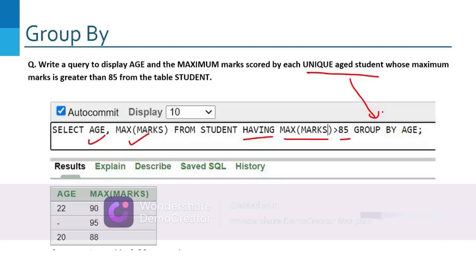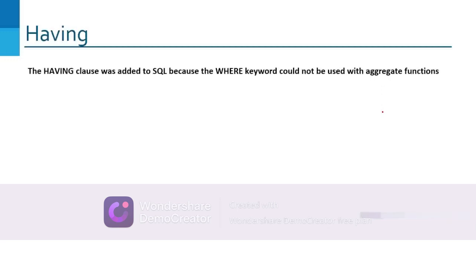We can't use where here, because for maximum marks greater than 85 we are using the having clause. We can't use where with maximum marks greater than 85, because we are also using group by. Okay, let's not get confused. Let me tell you what is happening here. The having clause was added to SQL because the where keyword could not be used with aggregate functions.